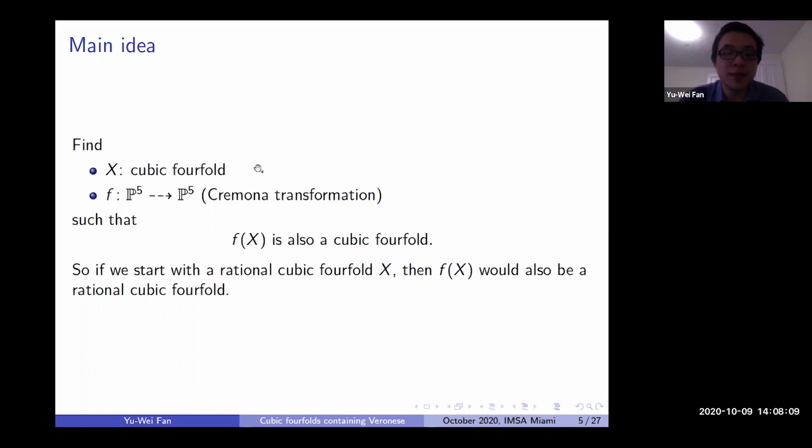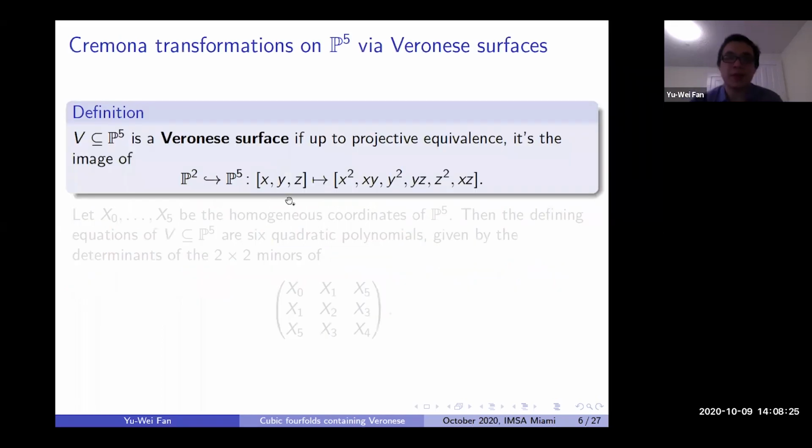And we're going to consider a particular kind of Cremona transformations arising from Veronese surfaces in P5. Just recall the definition of a Veronese surface.